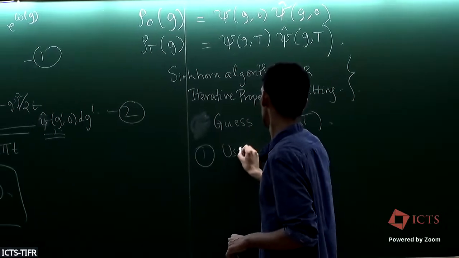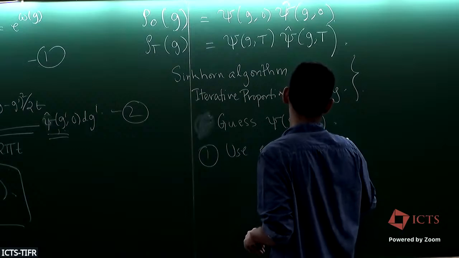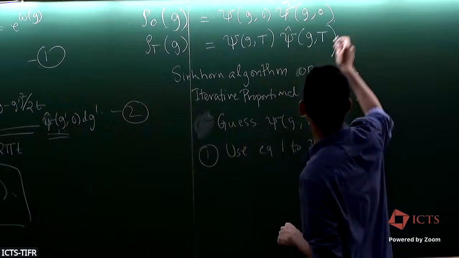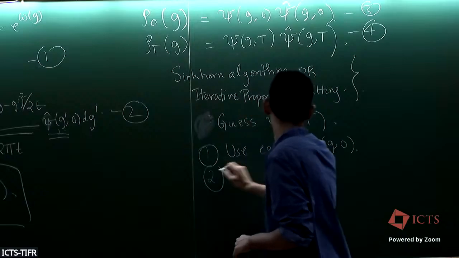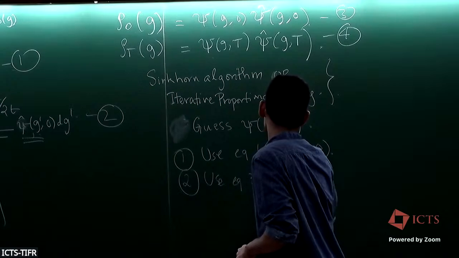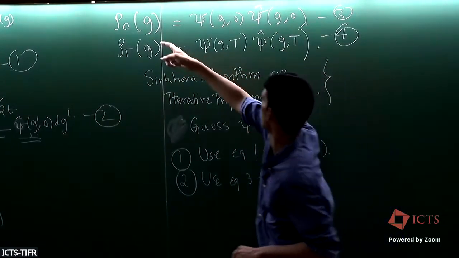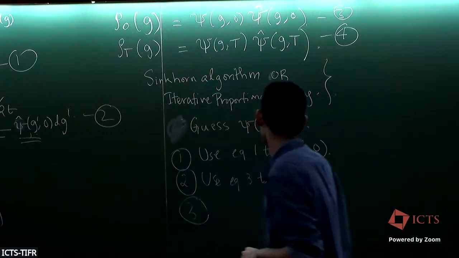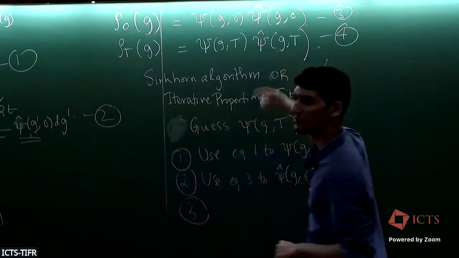So use equation 1 to get psi g 0. And I'm going to call this 3 and 4. Once you have psi g 0, use equation 3 to get psi hat g 0, because you know this. Now you know this, so you can get this. Once you have this, you can use equation 2 to get psi hat g t.